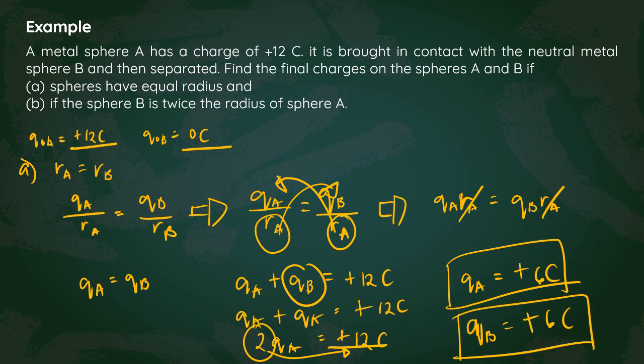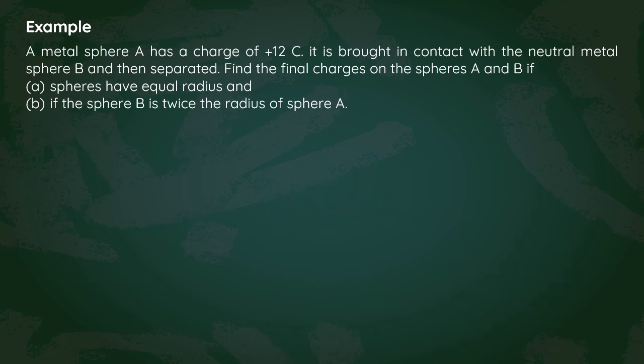Therefore, if the radii of the spheres are equal, then they will share the total charge of the isolated system, which is positive 12. So sphere A will have positive 6 coulombs and sphere B positive 6 coulombs. Now, what about if sphere B is twice the radius of sphere A?